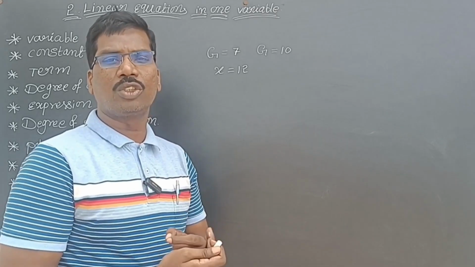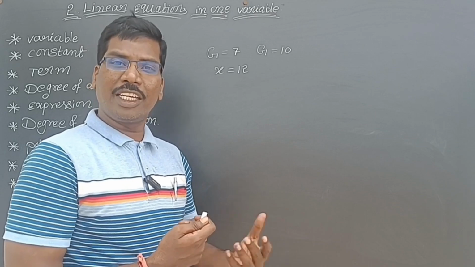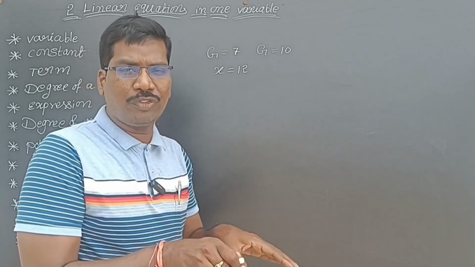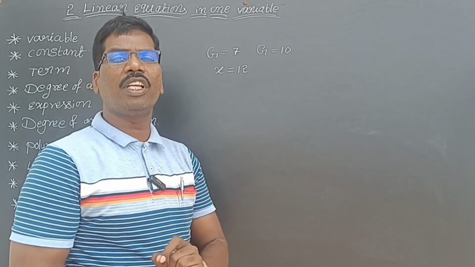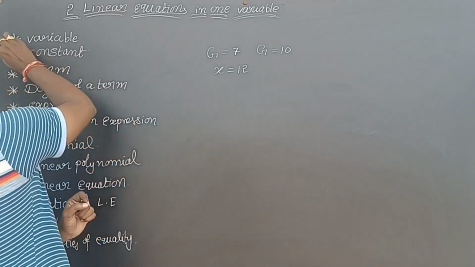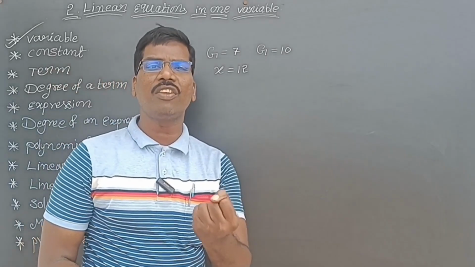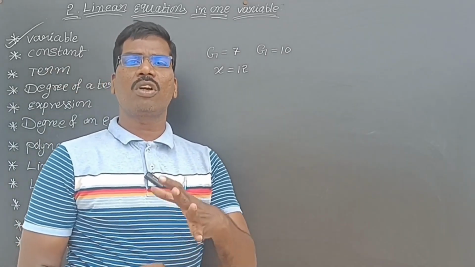Generally K is a constant in physical theorems. If you specify, then it will be a constant. Otherwise it is a variable only.